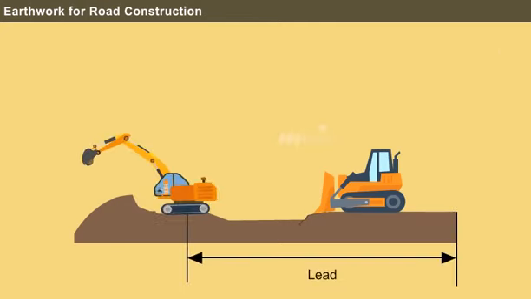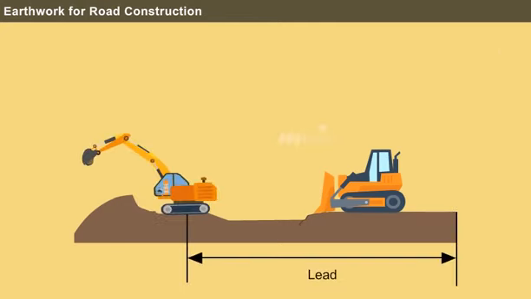Usually, the unit of lead is taken as 50 meters for a distance that ranges up to 500 meters, and the earthwork is measured as a separate item of work in 2 stages. Stage 1. 0 meter to a distance not exceeding 250 meters. Stage 2. 250 meters to a distance not exceeding 500 meters.